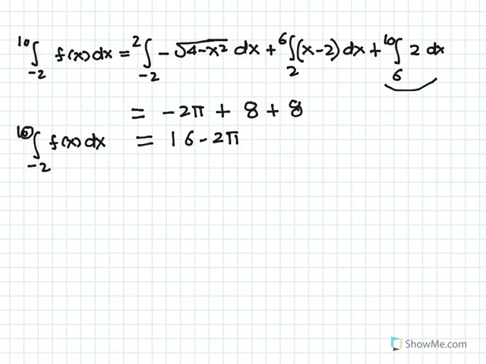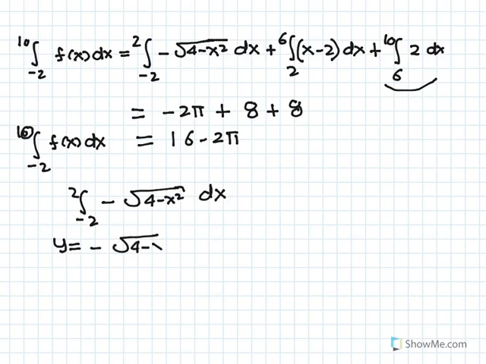Now, I want to expand on a point that may not have been too clear. When we had the integral from minus 2 to 2 of minus root of 4 minus x squared dx, let's talk about this further. Looking at the integrand, we have y is equal to minus root of 4 minus x squared. Now, if you square both sides, you get y squared is equal to minus root of 4 minus x squared, all squared.